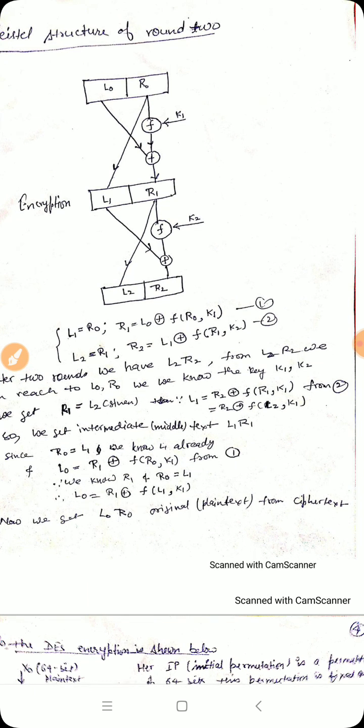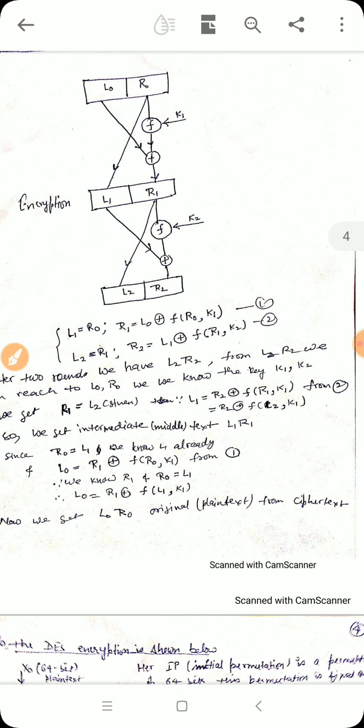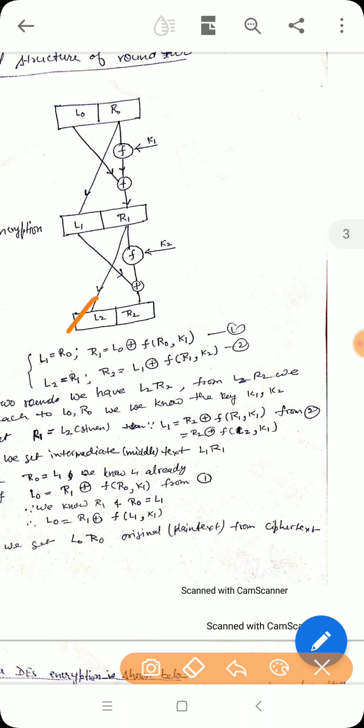So this L1 is R0, and this R1 is L0 XOR f of R0 comma K1, and L2 is R1, and R2 is L1 XOR f of R1 comma K2.